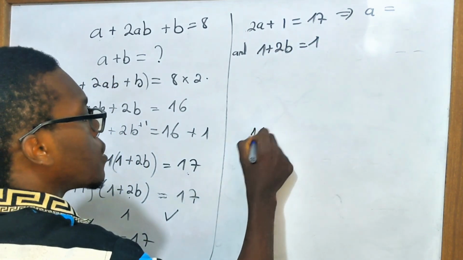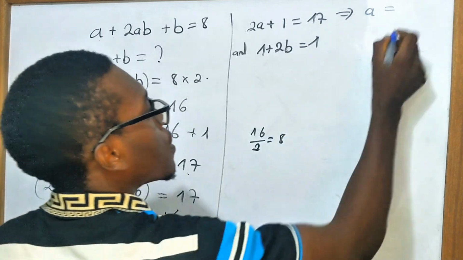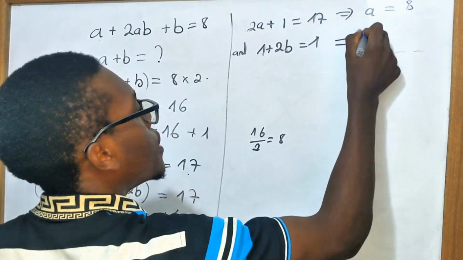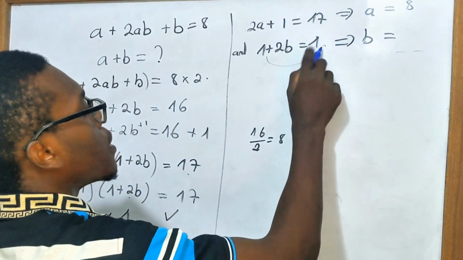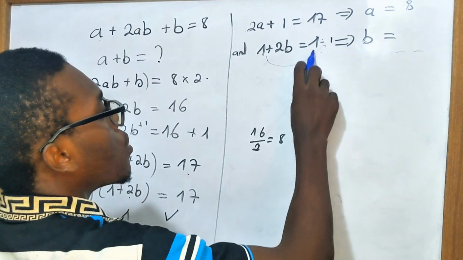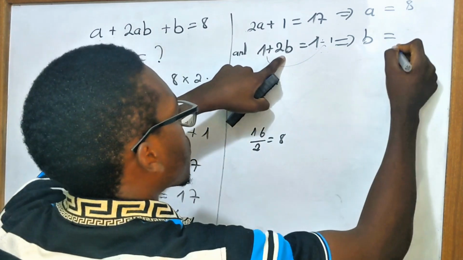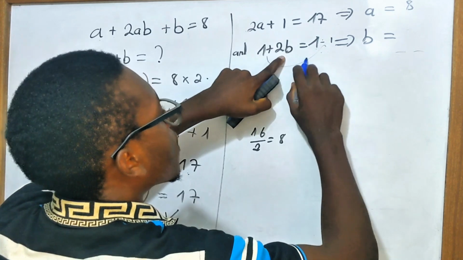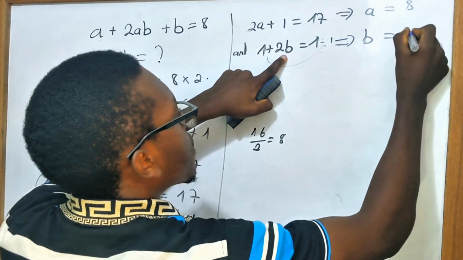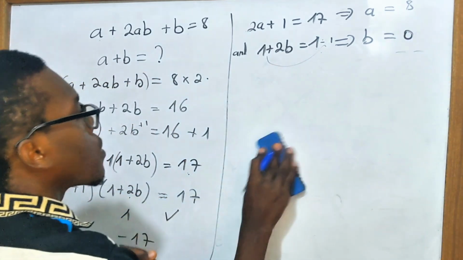That will be 16 divided by 2, which is equal to 8. And b: we bring this 1 here, that is 1 minus 1, we have 0, and 2b is equal to 0. Hence b is equal to 0.